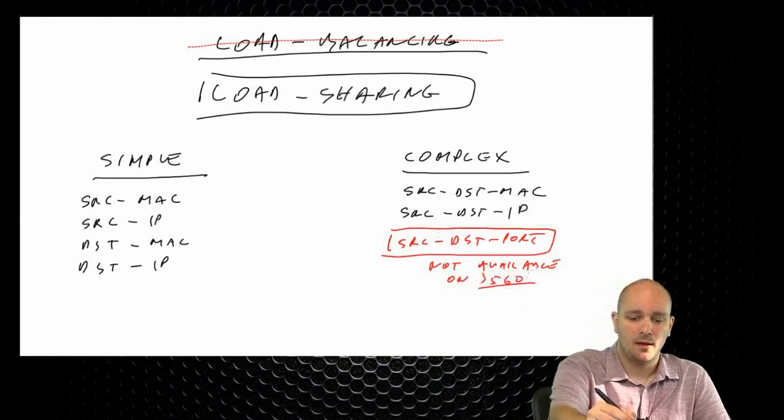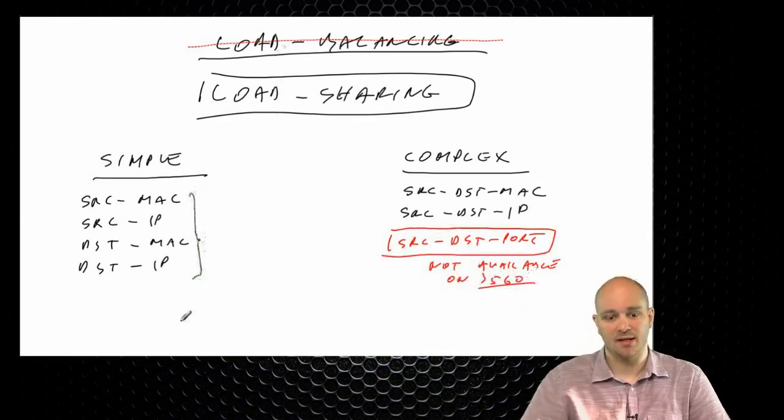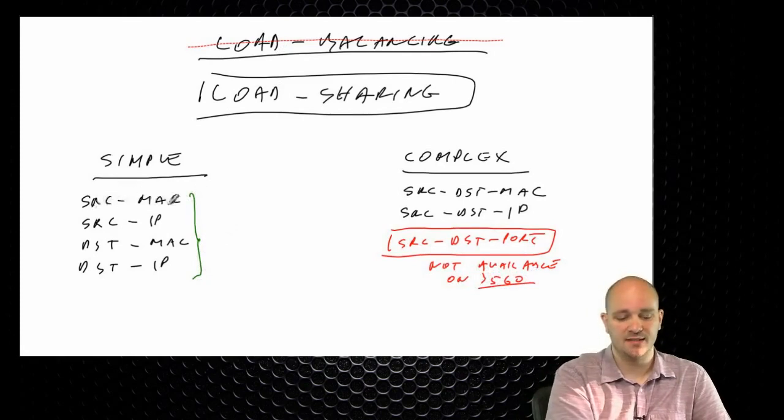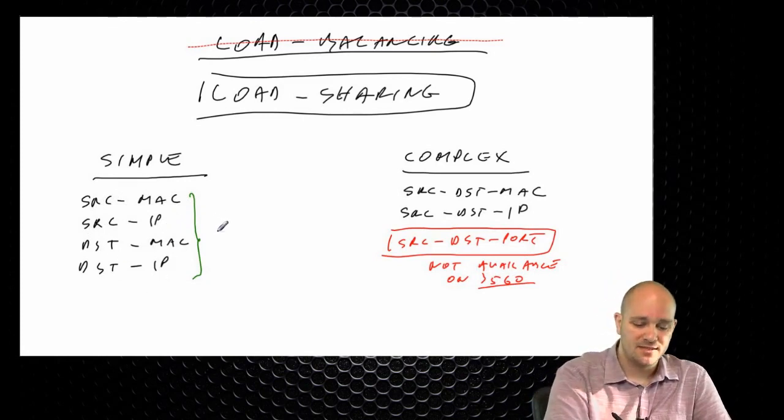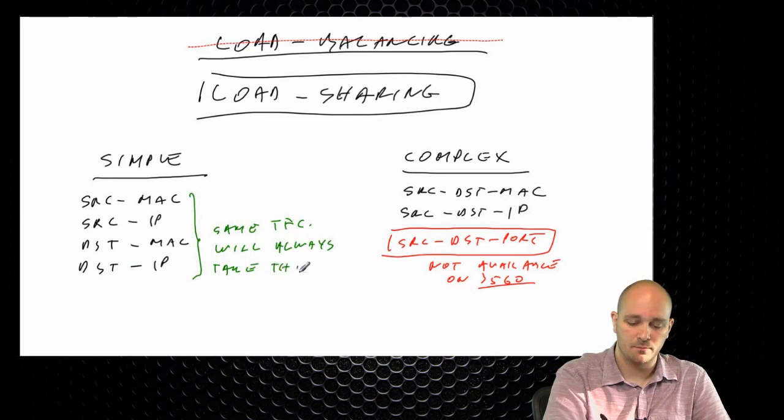Now, if you are using any one of these load balancing mechanisms, that means that the traffic that has the same source MAC address or same source IP address or destination MAC or destination IP, whichever one we are using, will always take the same path.